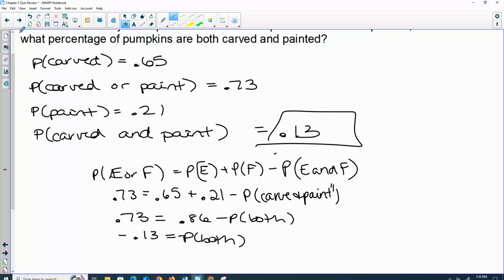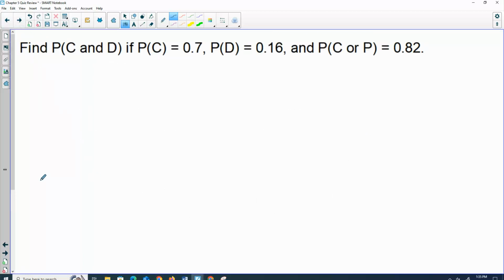Last one, just seeing, do you know how to use a formula? And this is very similar to what we just did, isn't it? So the probability of C and D. If probability of C is 0.7, probability of D is 0.16, how about C or D is 0.82. So when I give you all those, you're just finding the formula.